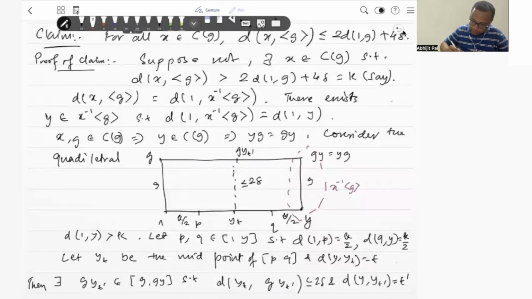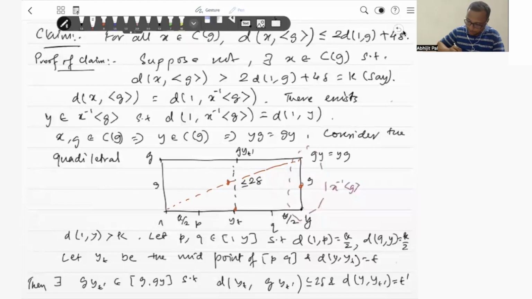You can join 1 and gy by a geodesic, and if I take this point yt, I'll get either a point here or here, such that the distance of yt to either this point or this point is less than or equal to delta.